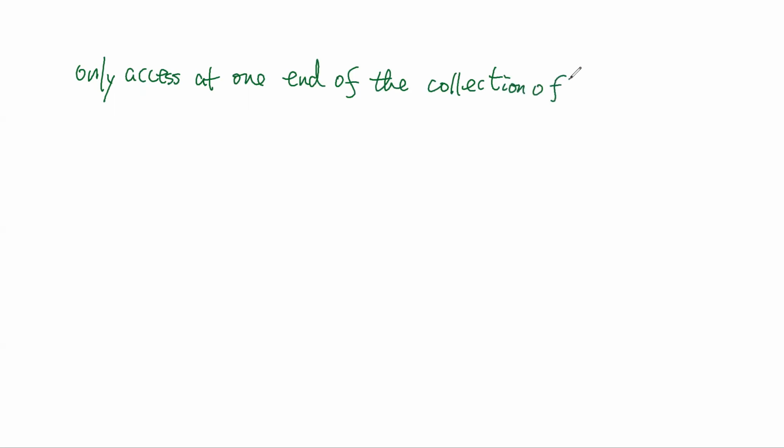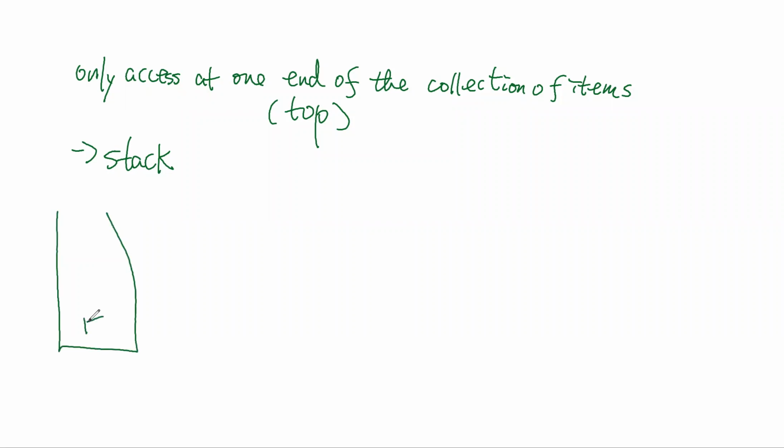What is the end? It's the top, in this case. So this kind of data structure, if you want to describe something that behaves like this, we call it a stack. Okay, based on what we just drew.